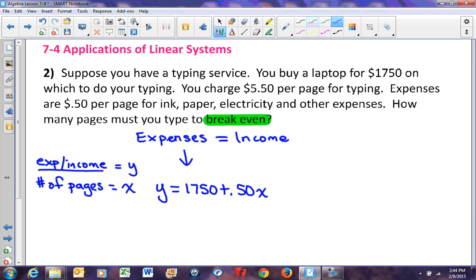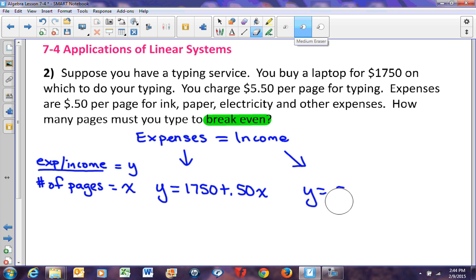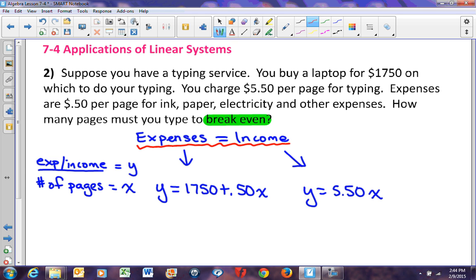Doesn't matter. My income equation, y equals how much money do I make? I make $5.50 per page for typing. So I have 2 equations, one based on expenses and one based upon income. And as my first thing says, my expenses have to equal my income in order for me to break even.